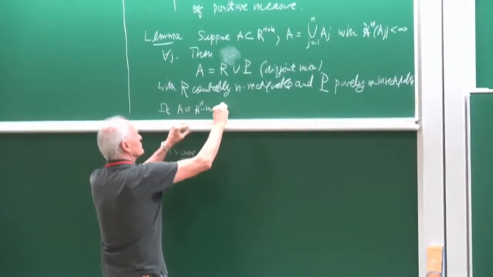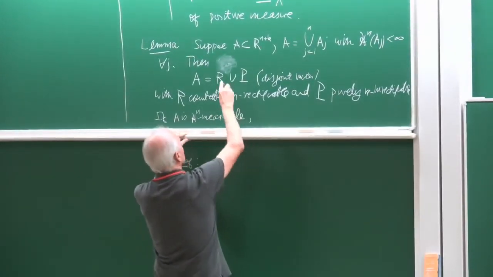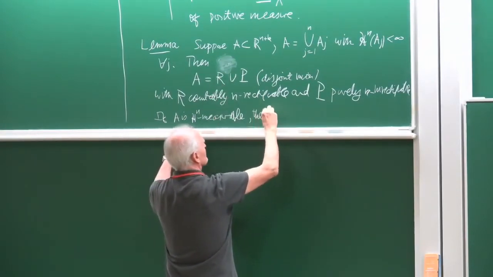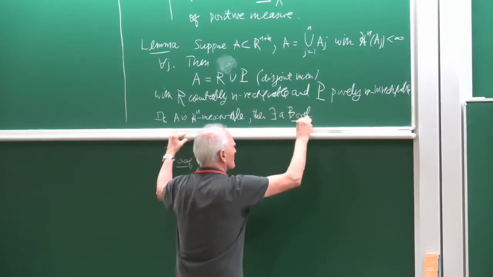If A is H^n measurable, then you can take R to be a Borel set, and there exists a Borel set R satisfying this conclusion.